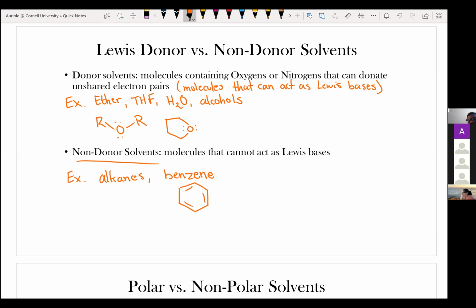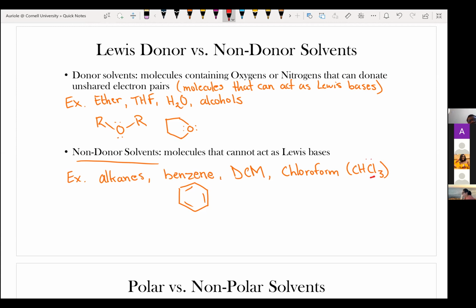We have dichloromethane, DCM, and then we also have chloroform, CHCl3. It's also interesting to note that although chlorine has lone pairs, 3 sets of them, because of how electronegative it is, it's not going to be able to act as a Lewis base. So keep an eye out for those kinds of halides that are too electronegative to act as Lewis bases.